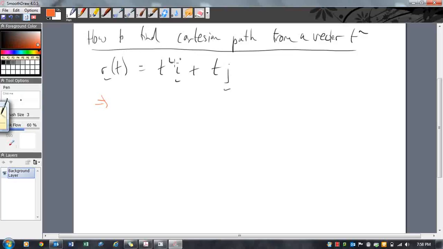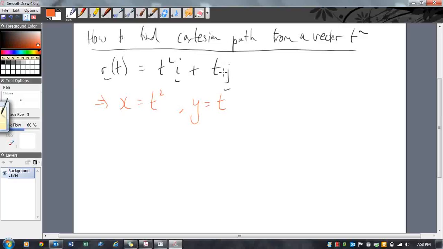The way to do this is we've got this x function of t in front of the i. So x is equal to t squared. We've also got that the y function, up and down, is equal to t.